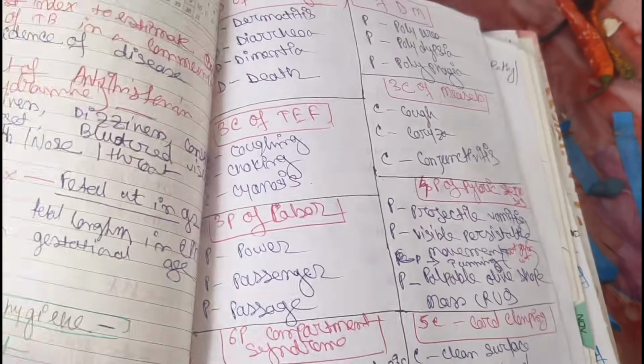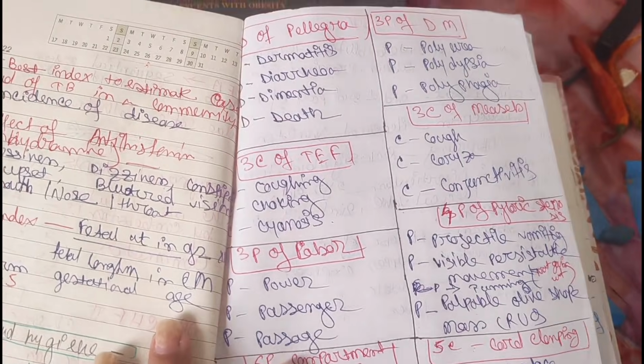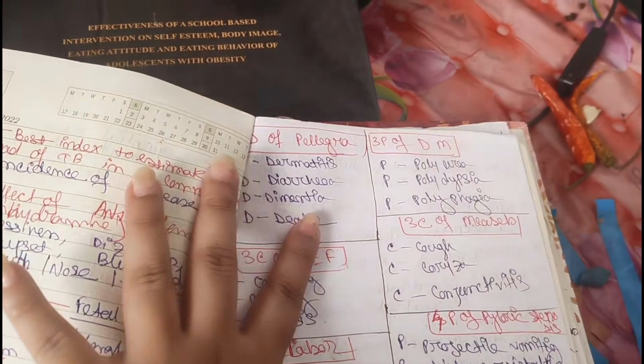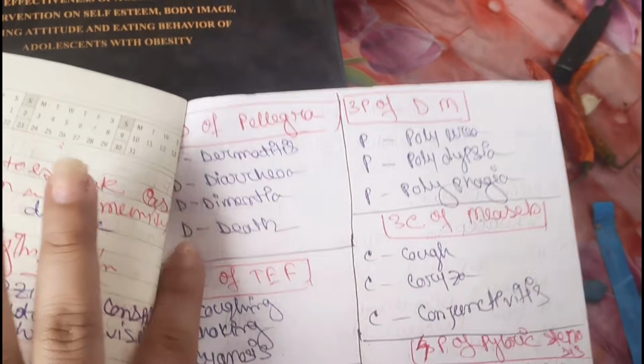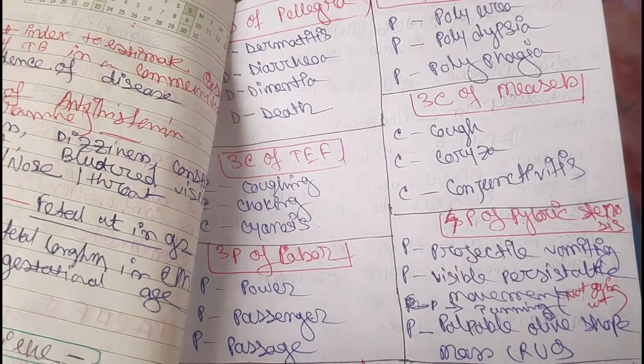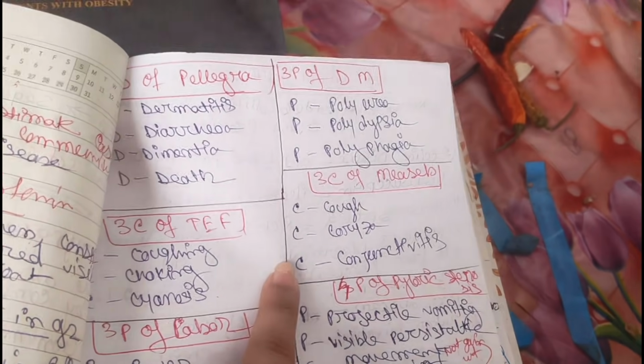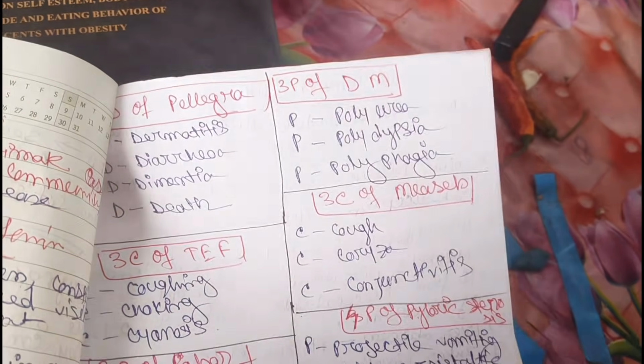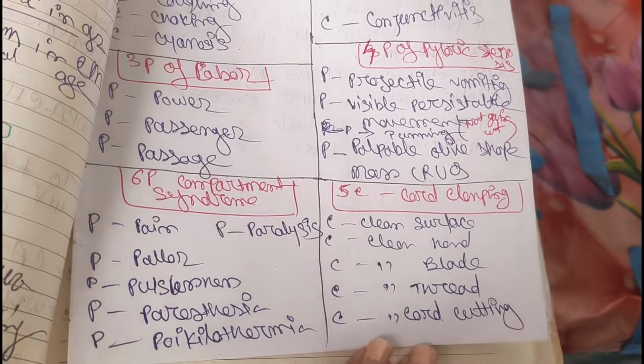Actually, after making notes my page was completed. Again I had to add these things. So again I started getting this kind of 3C, 3P, 4P, Pellagra, DM. I will show you how I make notes and how I revised all these things daily, and how I make notes while making my real notes.